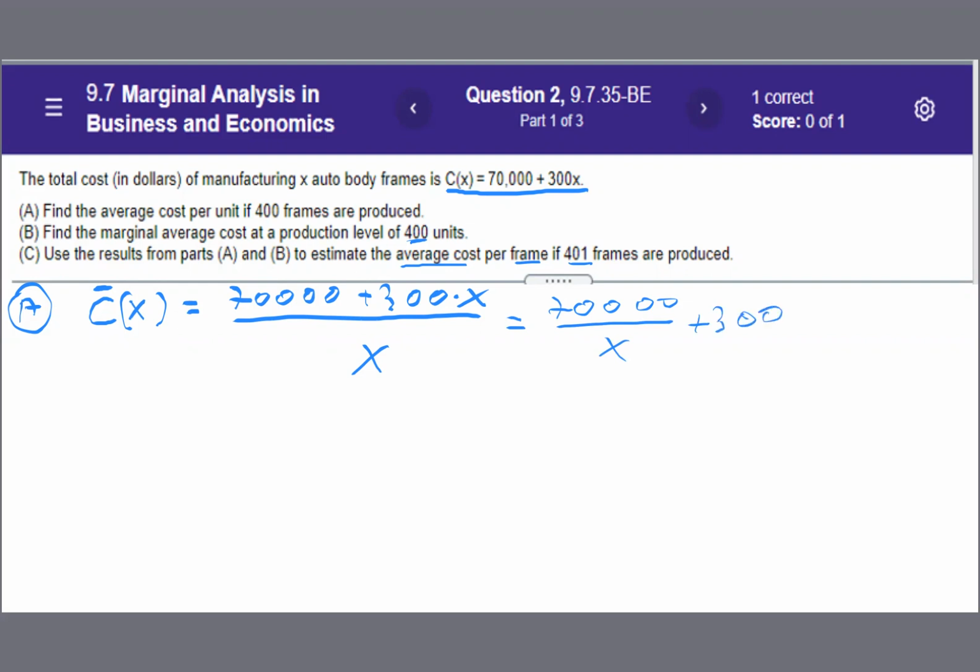So we want the average cost per unit when X is 400. So C bar of 400 equals 70,000 over 400 plus 300. So let's find that out.